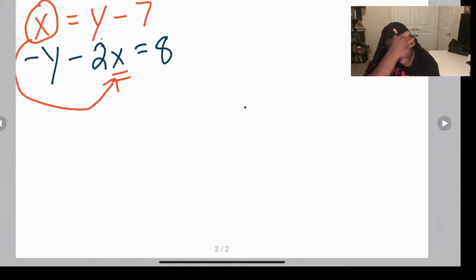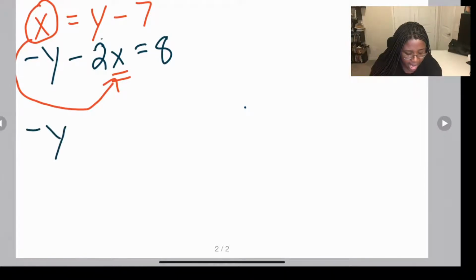The main thing you need to realize is that you're not just substituting the x, you're substituting the entire x. And the entire x in this equation is y minus 7. So negative y, you keep that, minus 2, and we've substituted our x.